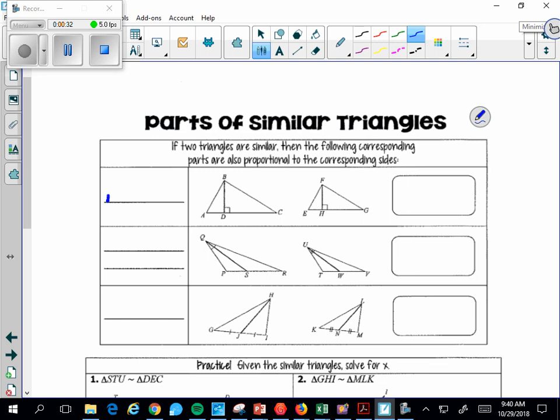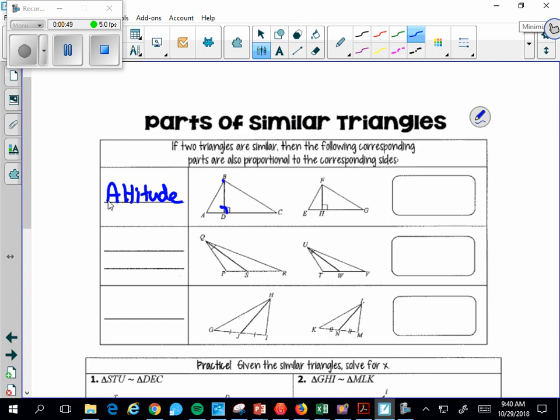The first one we're going to talk about is an altitude. Remember, an altitude goes from the vertex to the line containing the opposite side of the triangle, and it's perpendicular to it. So we've got that right there.